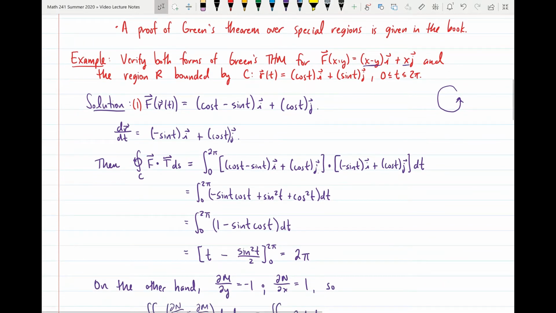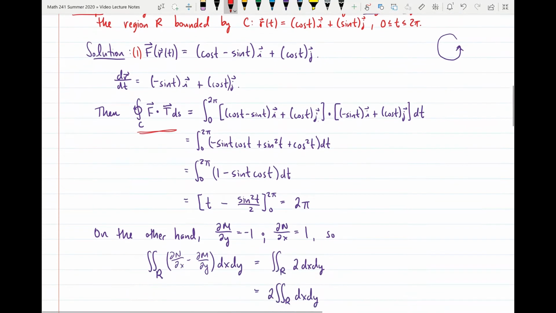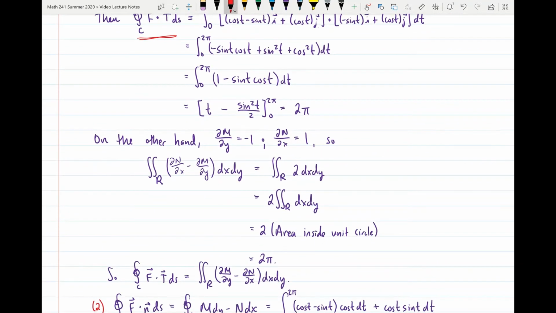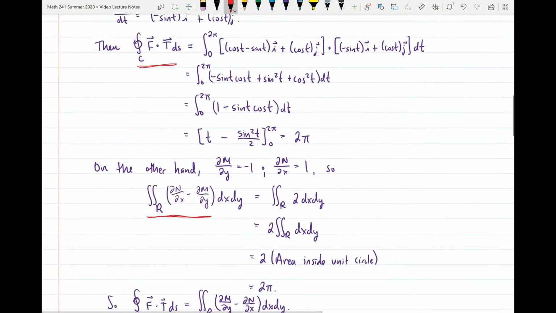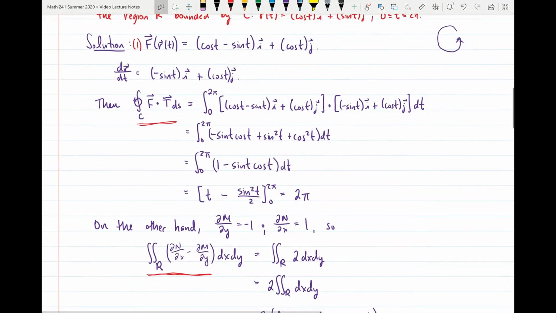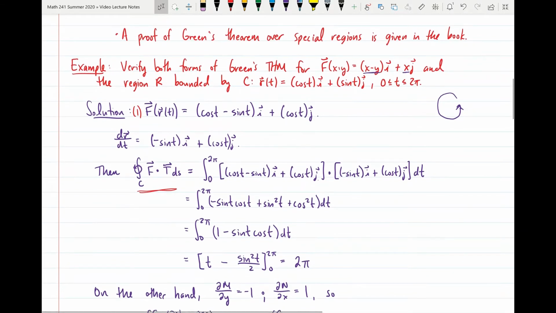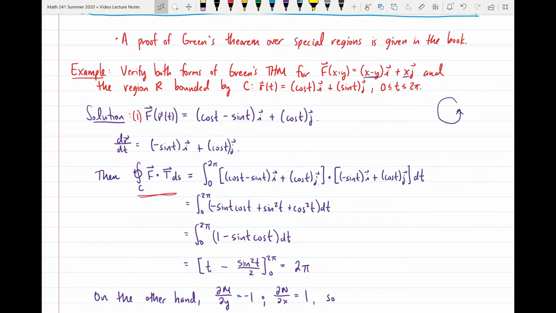To verify the first formulation of Green's theorem, we're first going to evaluate the line integral of F dot T over the curve C using methods from section 16.2, and then we will evaluate the double integral of partial N with respect to x minus partial M with respect to y over the unit disk, and show that these two values are equivalent to one another, therefore verifying the first formulation of Green's theorem.